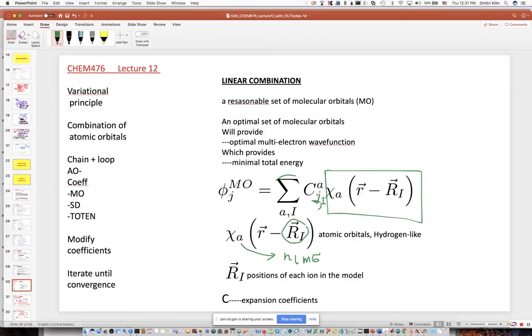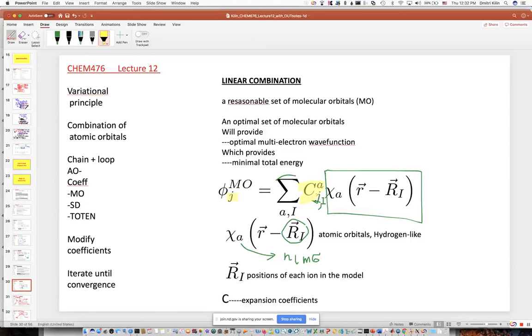So this C sub ij and superindex A are parameters that we can optimize. And J is the index of the molecular orbital, which was like 24 and 25 for your first example of the titanium hydroxide molecule. I can run from 1 to HOMO and then from LUMO up further.